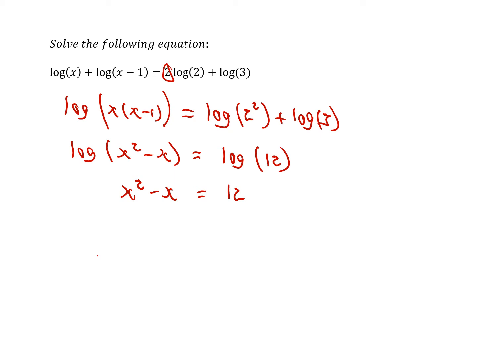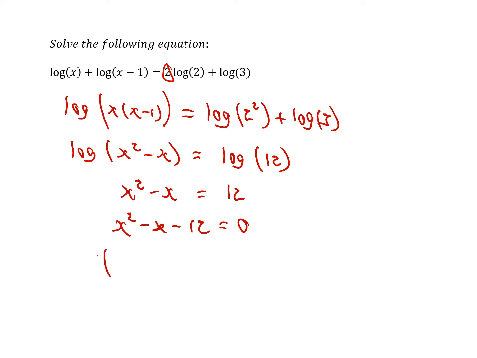Now I've got rid of all the logs, so I can just treat this like a normal quadratic, x squared minus x minus 12 equals 0, making it equal to 0 before I start solving it. And I can see that this one factorizes quite nicely. I don't have to use any other method like completing the square or the formula or whatever.